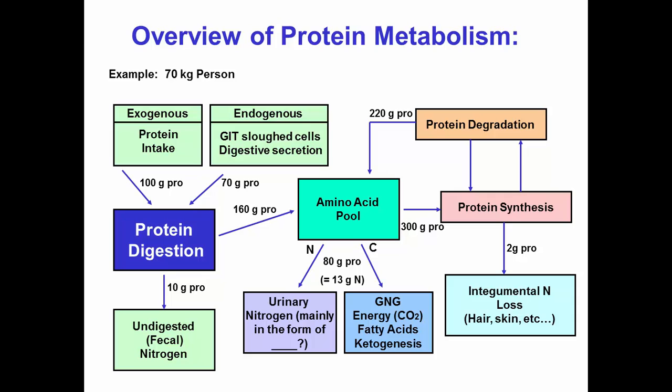And we do that as urea. So we can absorb a fair amount of nitrogen at the colon. We don't absorb amino acids at the colon, right? But it's just recycling through urease activity, through bacteria that break down urea that ends up in the colon, and we can recapture some of that nitrogen there.